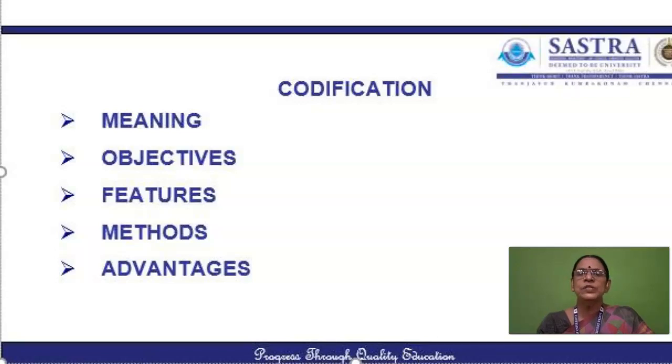After classification in a broad category, a code or a symbol is allocated to each of the elements.